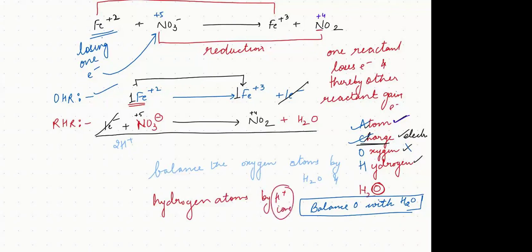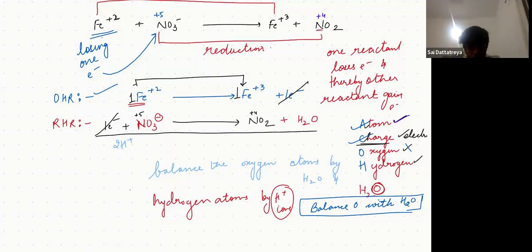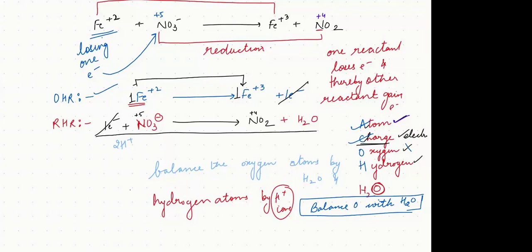Simple. That's the rule. I hope you're writing them. So balance the oxygen atoms by water and hydrogen atoms by H plus. Did you understand? So how does it work? The 2H plus.